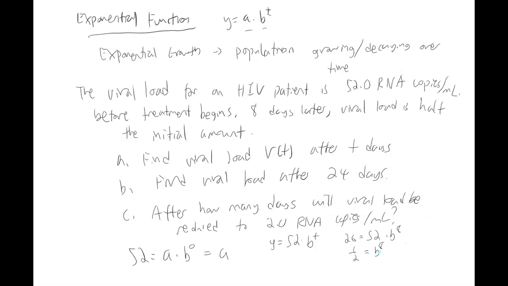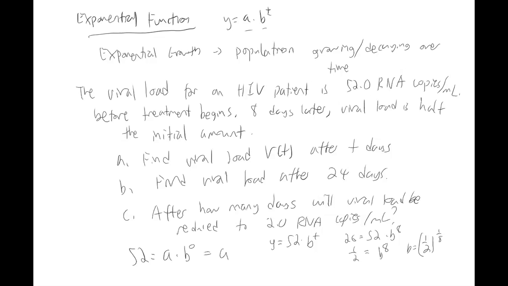Ignore that. Just root it. So B is 1/2 to the 8th, to the 1/8 power. Sorry, I don't know why, but I read B as being an exponent. So this is B, whatever this is.